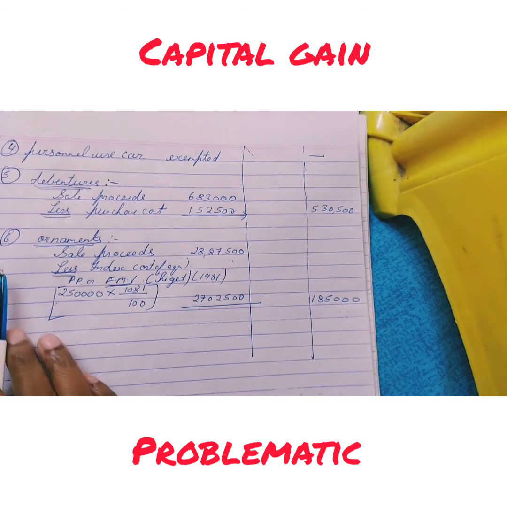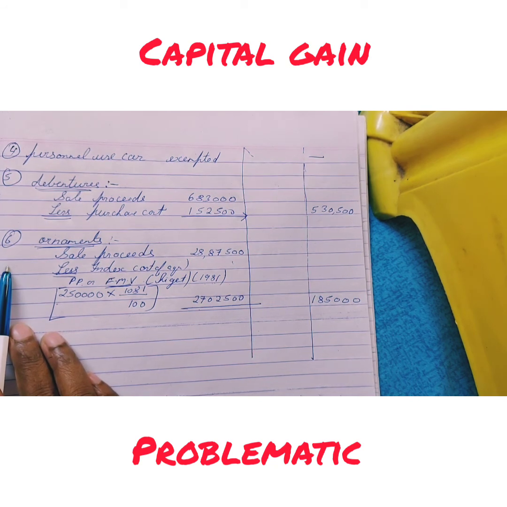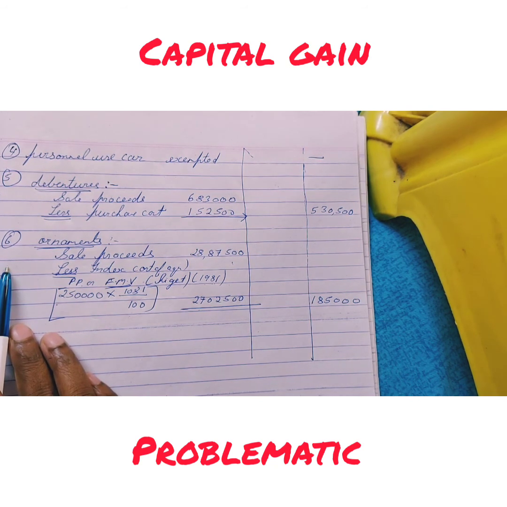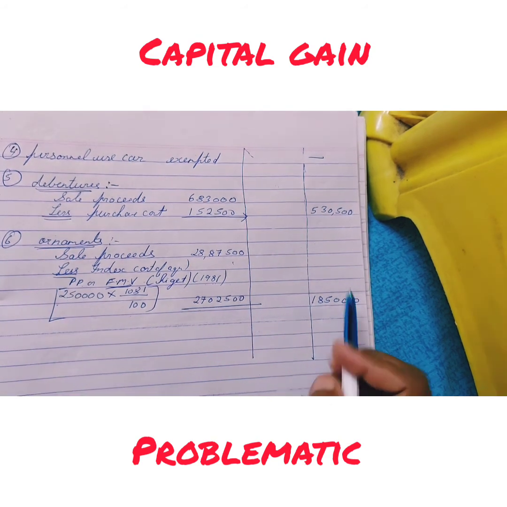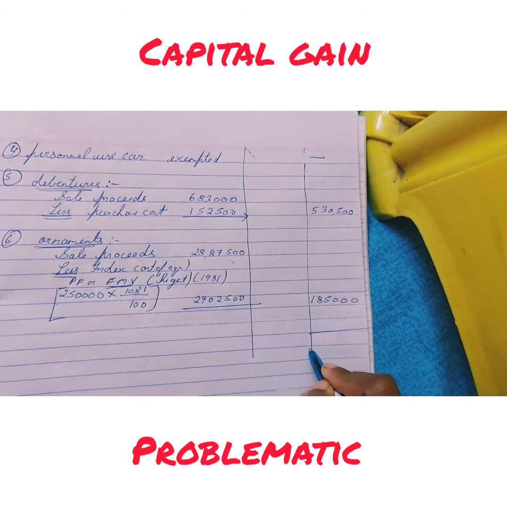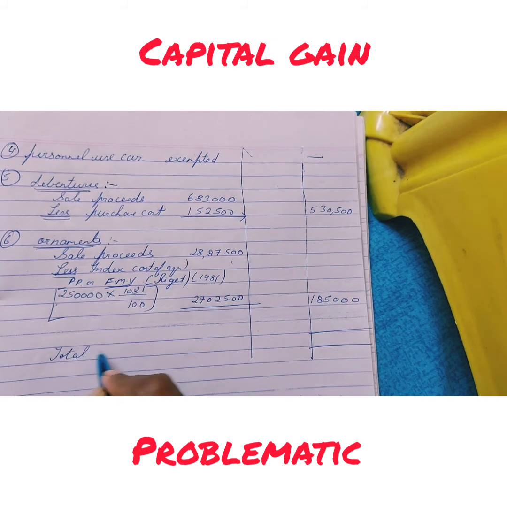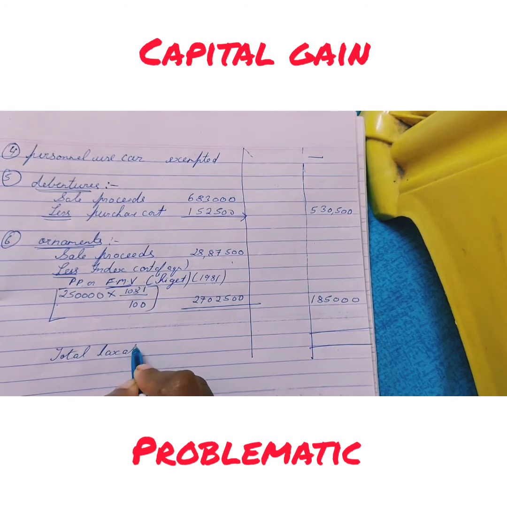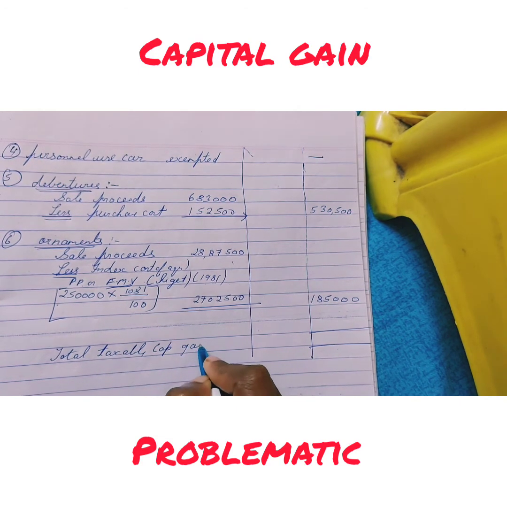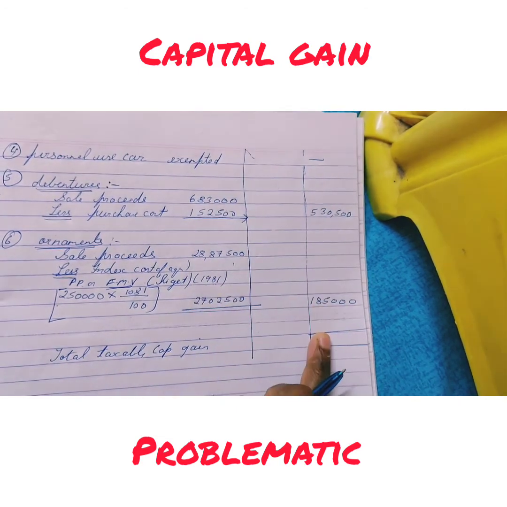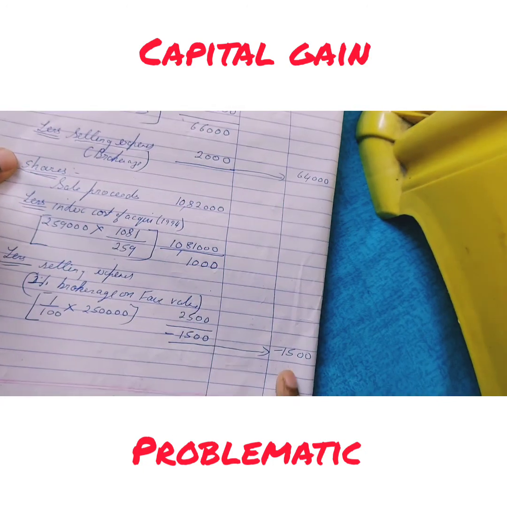So these are all the 6 items. First one was business income, second one was residential status, third one was shares, fourth one was a personal car, fifth one was debenture, and sixth one was ornament. All the 3 I have calculated. Now straight away, total taxable capital gain: of all the 6, only one we have got in minus, that is 1,500.